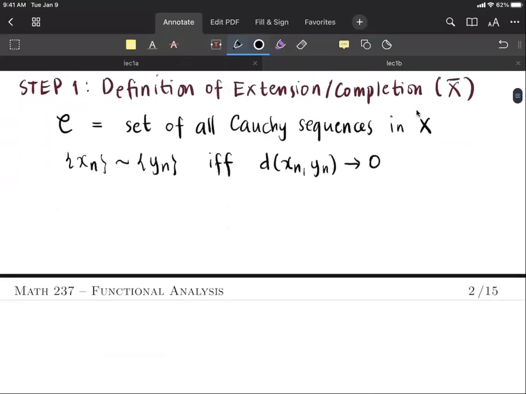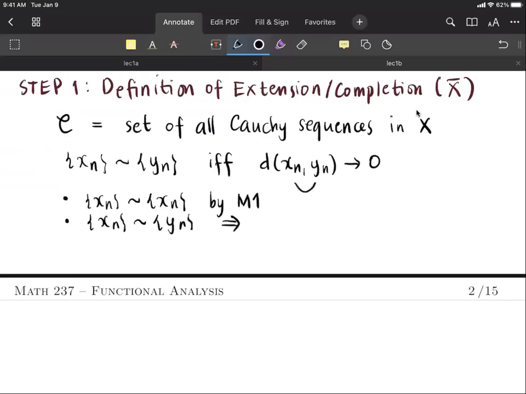Okay, this relation satisfies the following properties. First, xn is related to itself, which follows immediately from the definiteness of the metric. Second, if xn is related to yn, then we can interchange these two by symmetry and see that yn is related to xn.